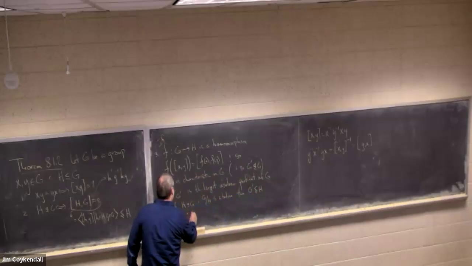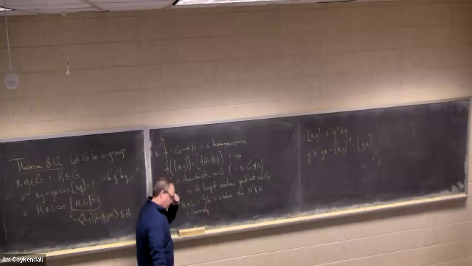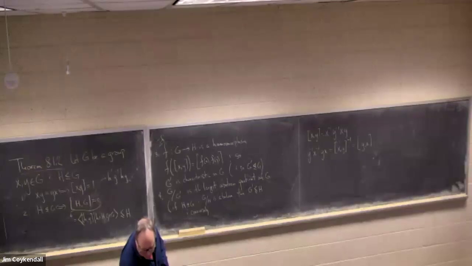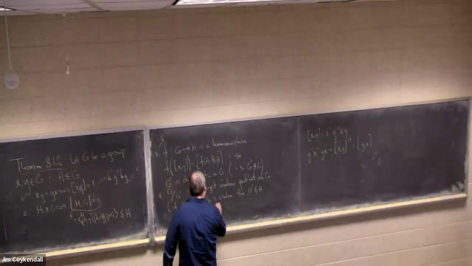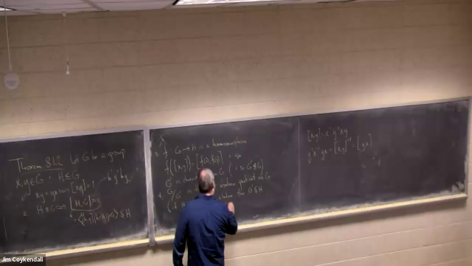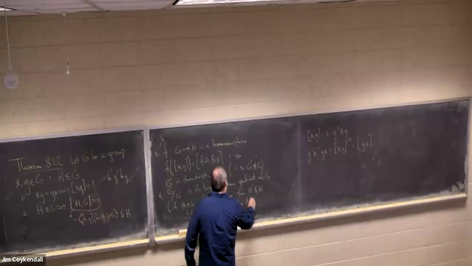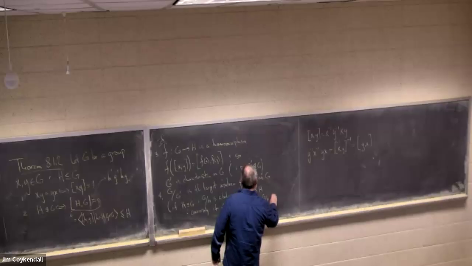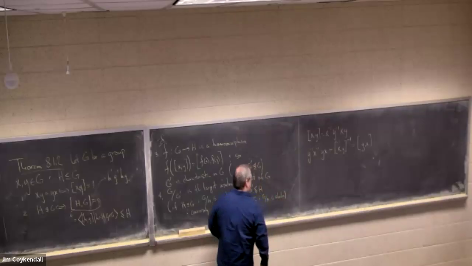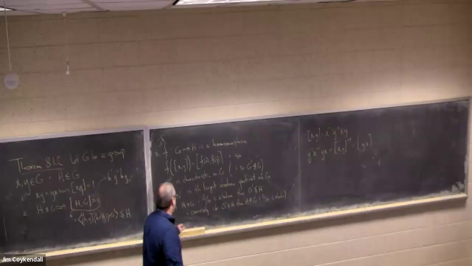And conversely, if H contains the commutator, then H normal in G and G mod H is abelian. This is another convenient way to think about the commutator group.